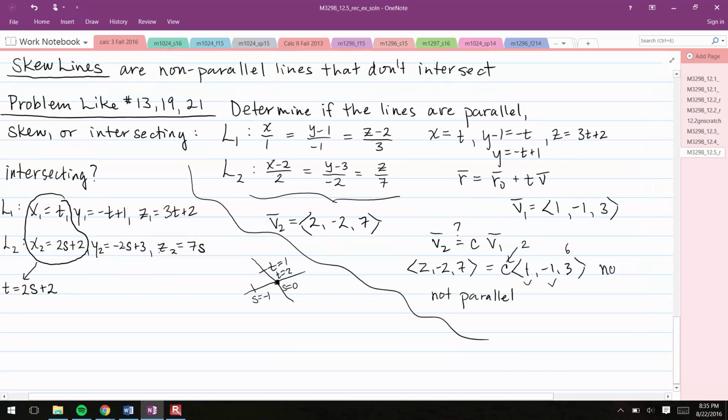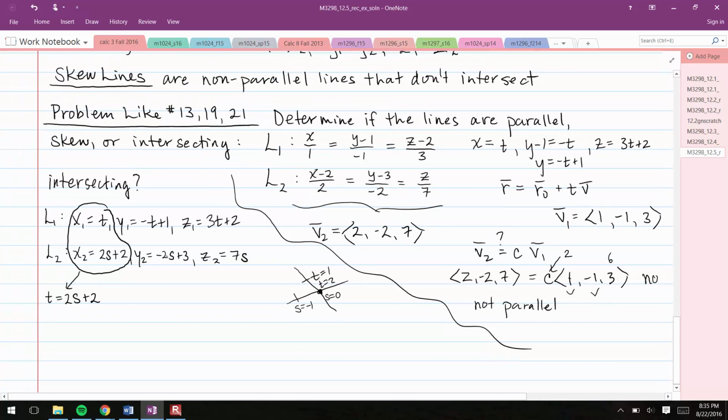But together with another equation, maybe that'll tell us something. So I'm going to grab these equations, set them equal, and what I'll get from that is negative t plus 1 equal to negative 2s plus 3. So now we have a system of equations, and we have another one coming, but we'll use that one to check, potentially, if it's consistent with the others.